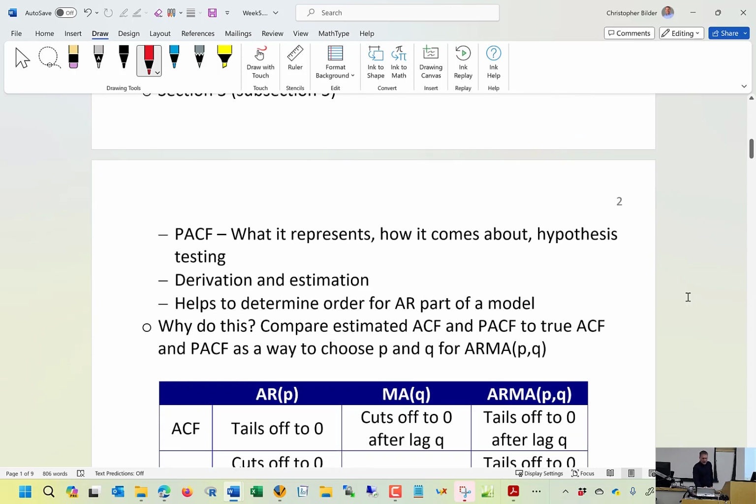Then in the last subsection, we introduced the partial autocorrelation function. There's a nice relationship here with what you learn in a regular regression setting. Let's say I have a regression model that looks like this: expected value of y is equal to beta 0 plus beta 1 times x1 plus beta 2 times x2.